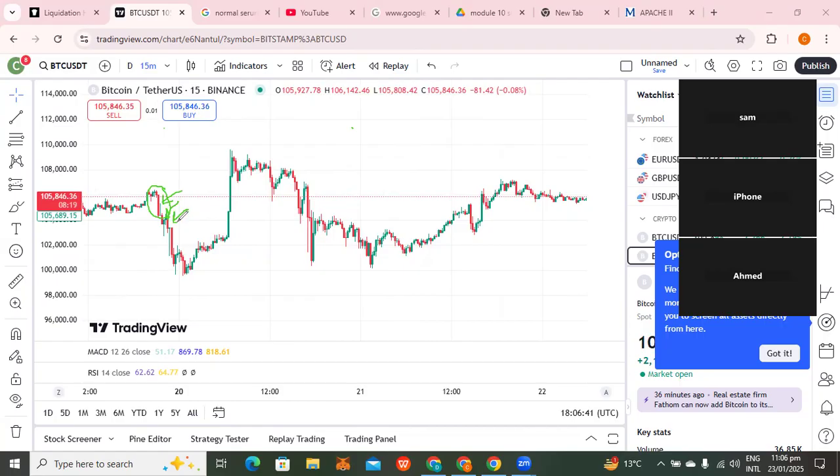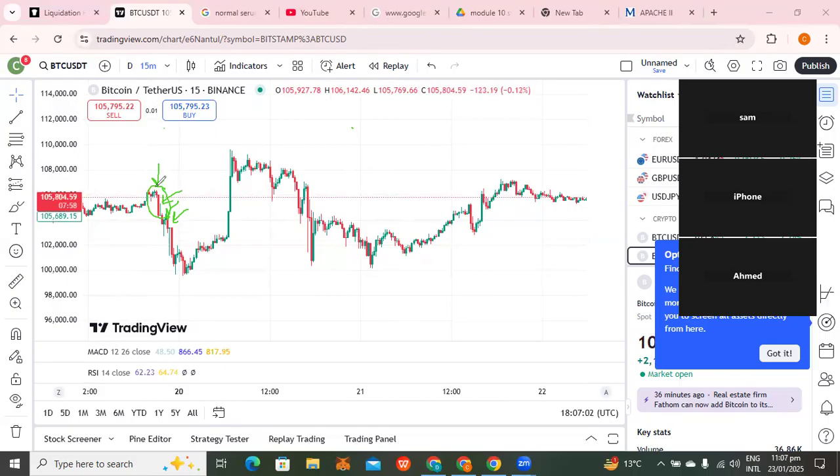That means there was huge selling pressure lying at this point. Whenever there are giant red candles, it's selling pressure, and whenever there are giant green candles, it's buying pressure.